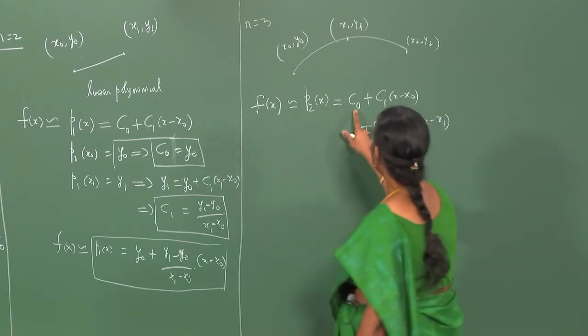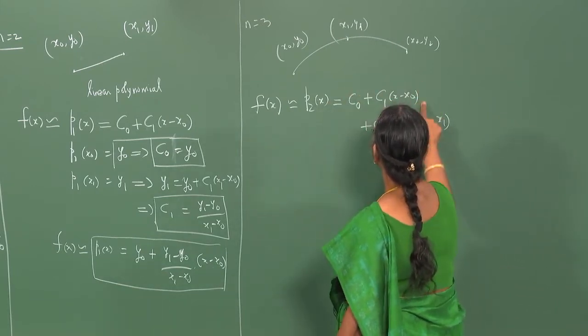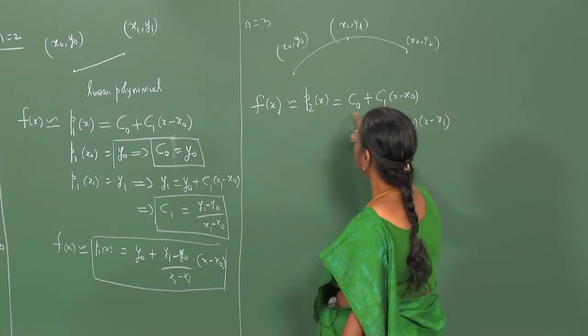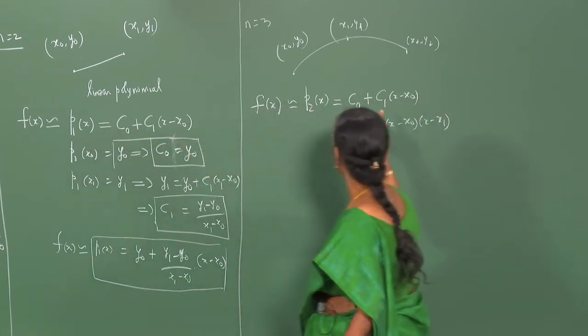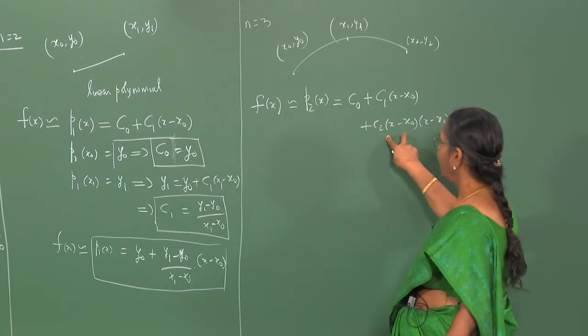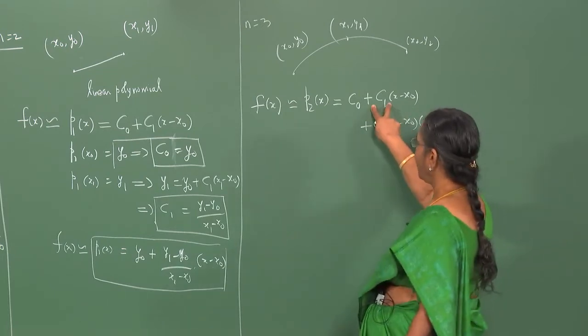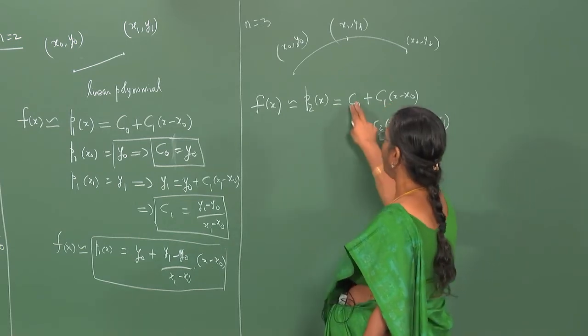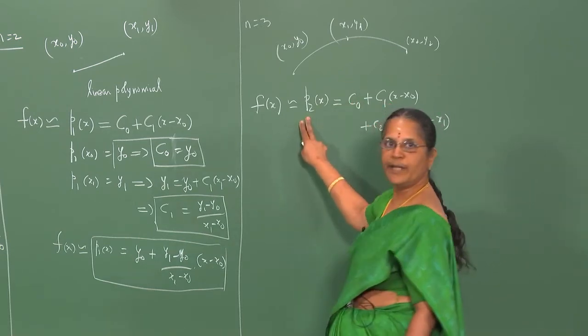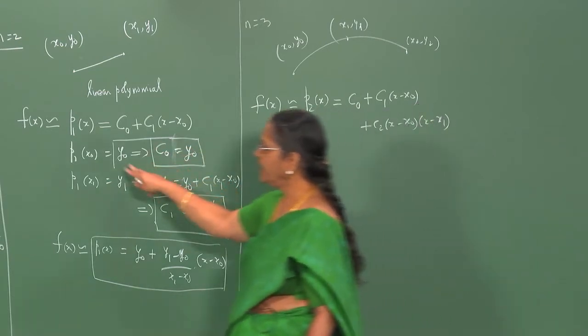And you should see that the c naught plus c1 into x minus x naught is essentially this p1 of x. So, what have I done? I have added an extra term to p1 of x and constructed a polynomial of degree 2, namely p2. That is what I did here.